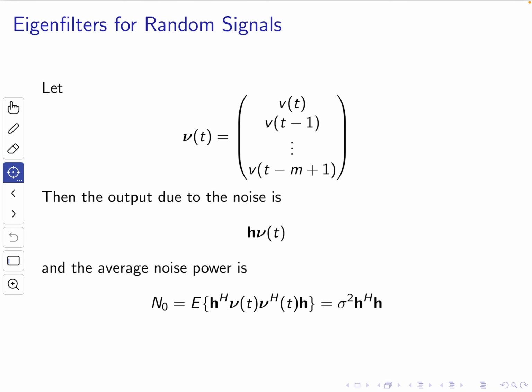Now let's look at the power due to the noise. Again, we look at the last M values of the noise, and the output due to the noise is going to be H times nu.